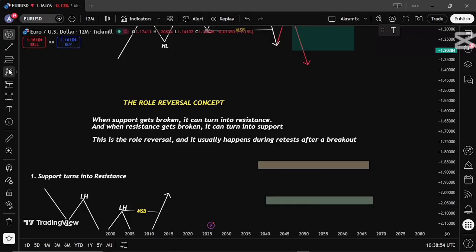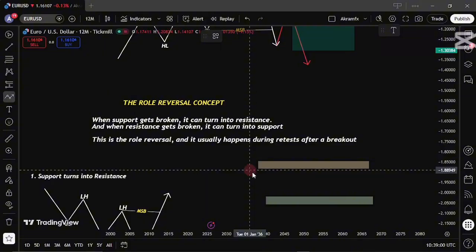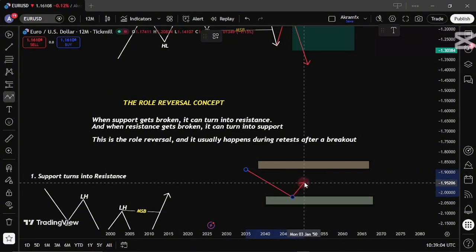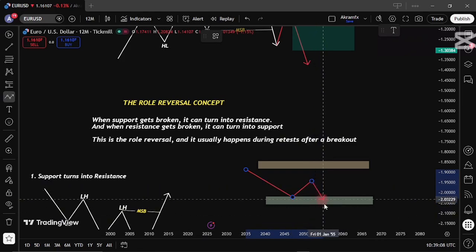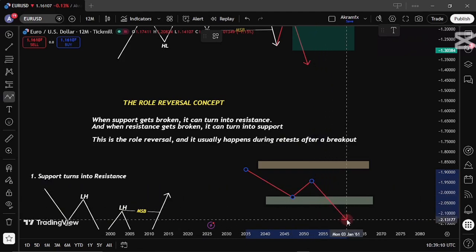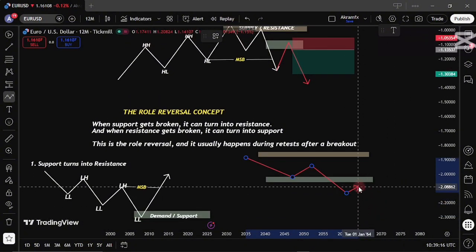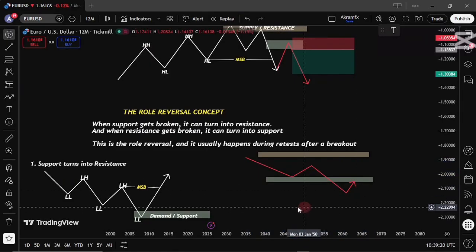Now, if prices come moving downwards, they tried a retest, they broke the retest, then they break the support. When they break the support, definitely we shall have a retest of the support.